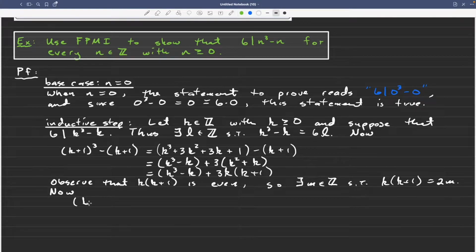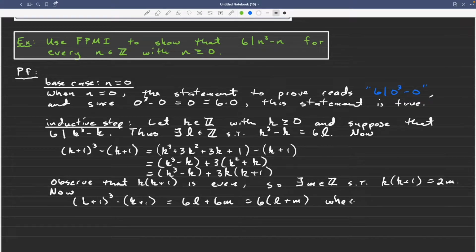Our original k plus 1 cubed minus k plus 1 we see is equal to 6 times L. That's that part of the expression. And then this part over here is going to be 3 times 2m, which is 6m, plus 6m, which is 6 times L plus m.